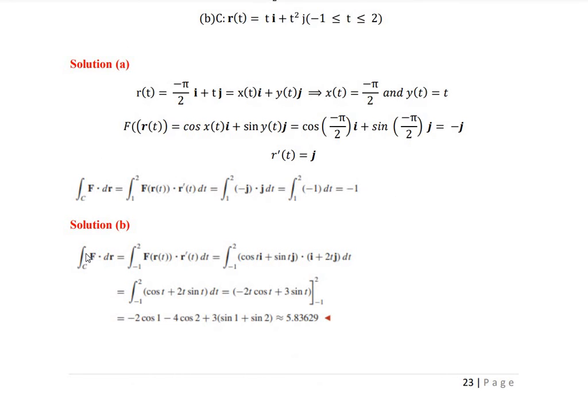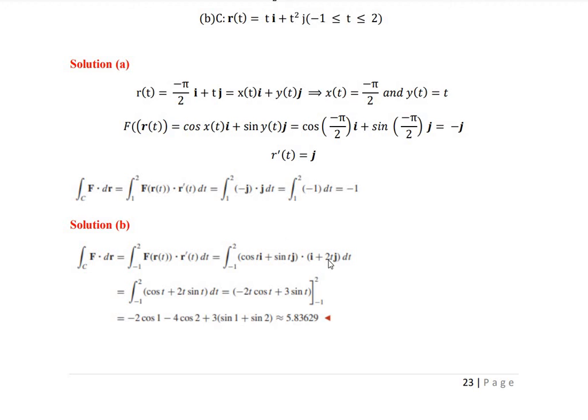And next one, the integral over C of vector F dot vector dr is equal to the integral from -1 to 2 of F of r of t dot r dash of t dt. You can substitute x = cos t and y = sin t, so cos t i cap plus sin t j cap, dot r dash of t.